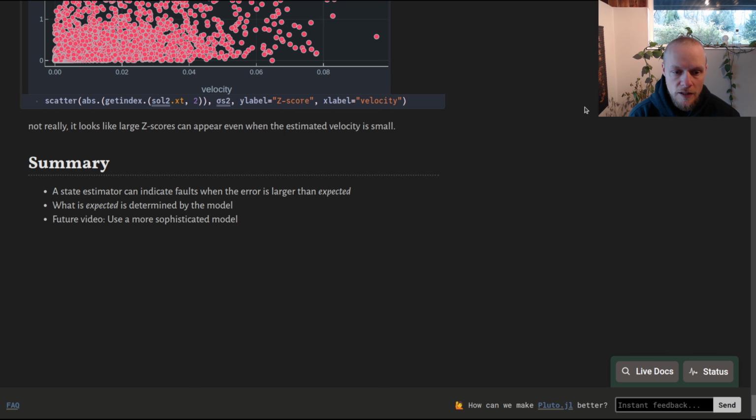So in a future video, we might use a more sophisticated model. Here we just used a trivial model that was inspired by how temperature is changing in the system. But imagine if we have an HVAC system that is controlling the temperature in a building. Then we can't only measure the temperature, we also know some aspect of what thermal energy we put into the system.